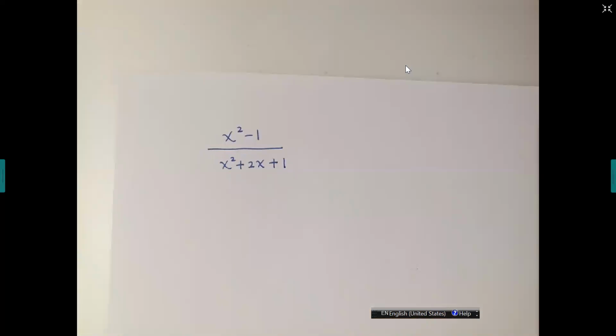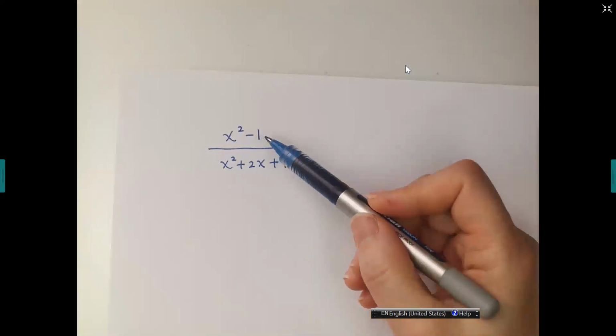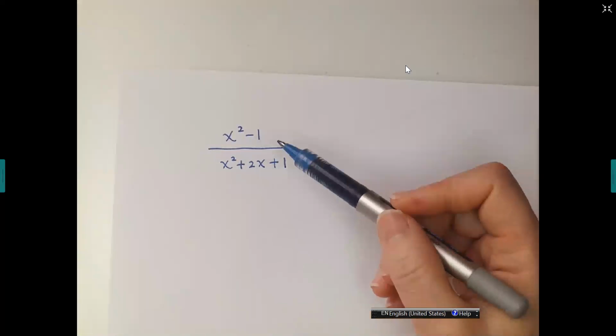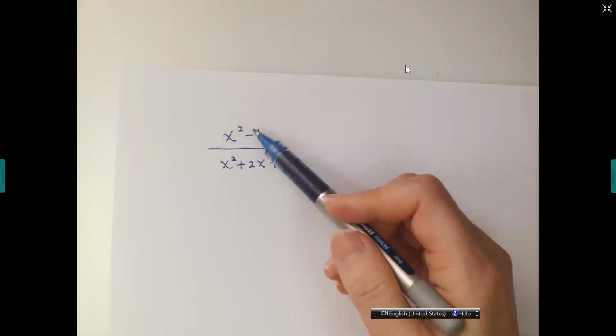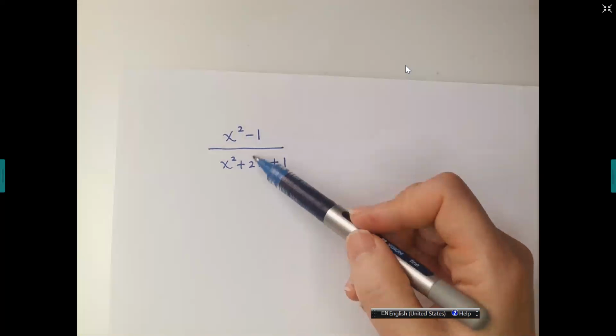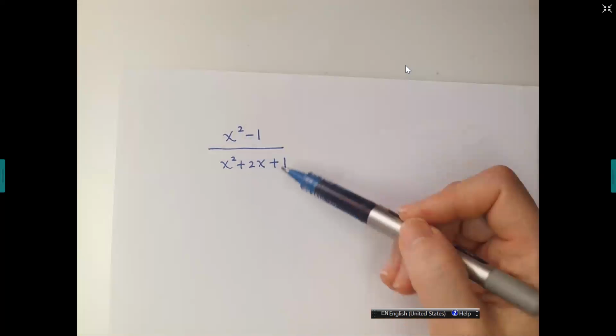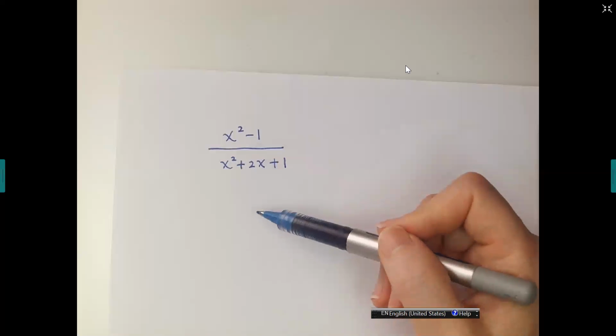So what I have now is a rational expression. And you'll say, okay, both the numerator and denominator, they are polynomials. There are no factors at all. So I cannot simplify this.